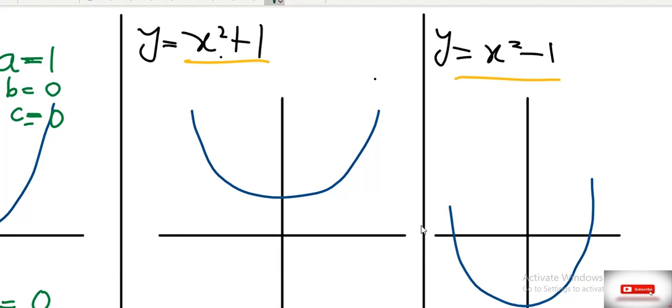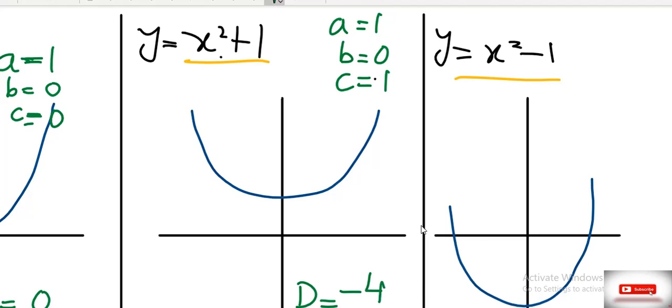Let's move to the second function. For this, a = 1, b = 0 and c = 1, because the plus 1 is a constant value. The discriminant will be equal to -4. This means the discriminant is negative, so the graph cannot touch the x-axis. It means there will be no root.